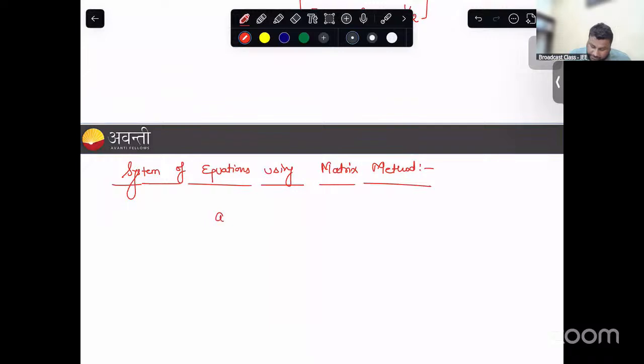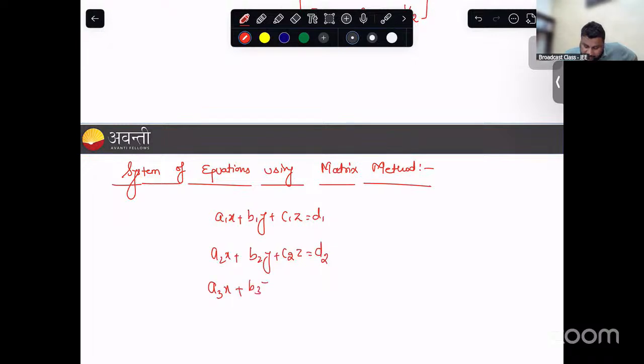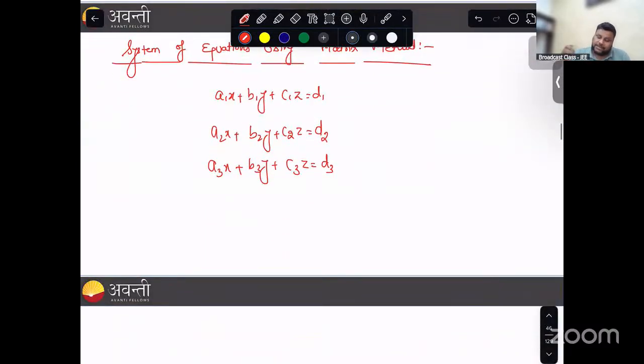Let you have a system of equations a1x plus b1y plus c1z equals d1, a2x plus b2y plus c2z equals d2, and a3x plus b3y plus c3z equals d3.